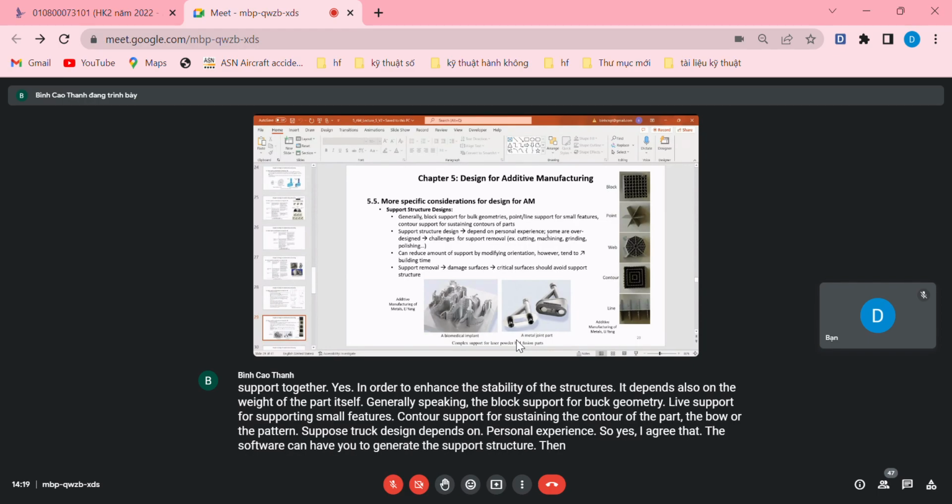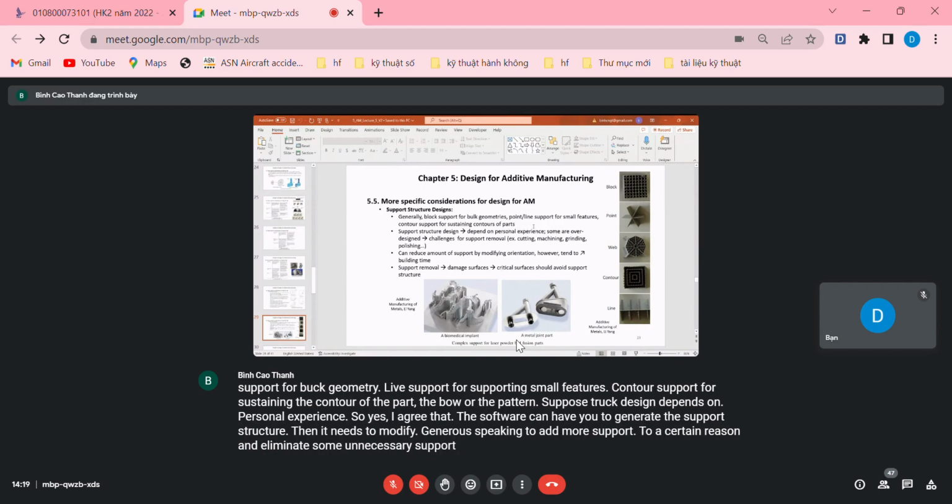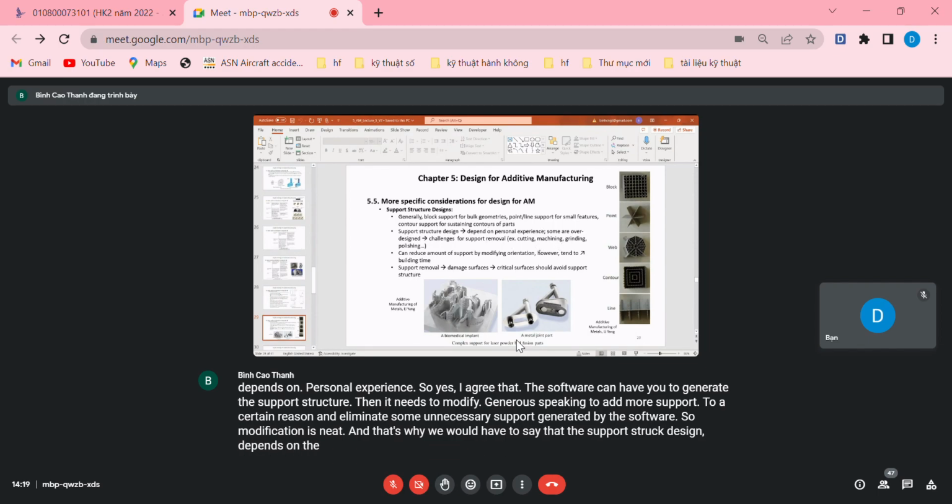Then it needs to be modified, generally speaking, to add more support to a certain region and eliminate some unnecessary support generated by the software. So modification is needed. And that's why we say that the support structure design depends on personal experience.